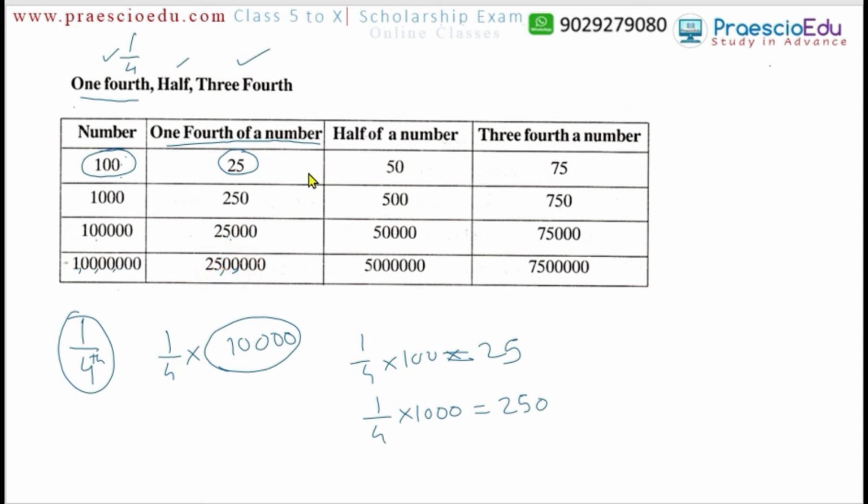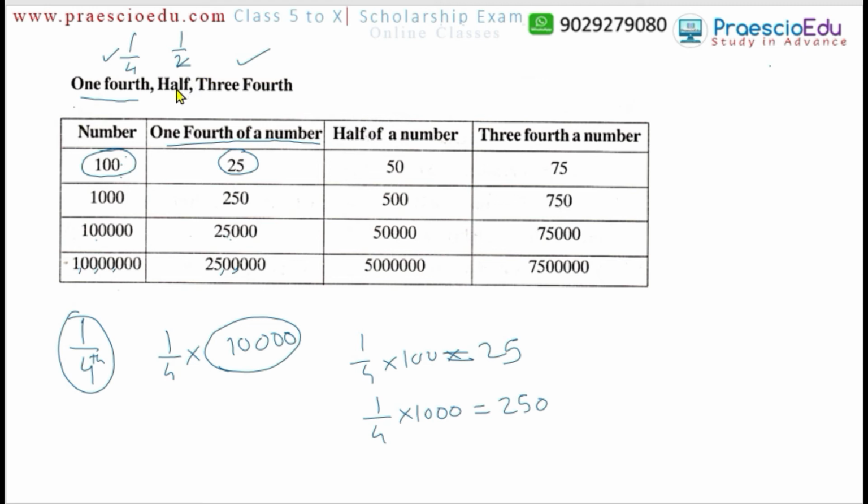Now half of a number. Half means 1 by 2, completely exactly two equal parts, that is what says the half. It means divided by 2, that number. Previously we divided by 4, meaning we multiplied by 1 by 4.